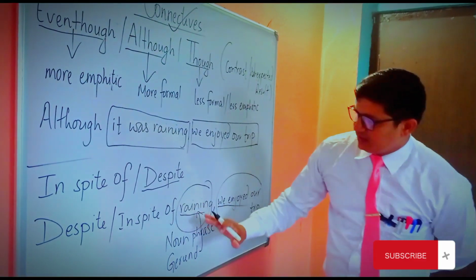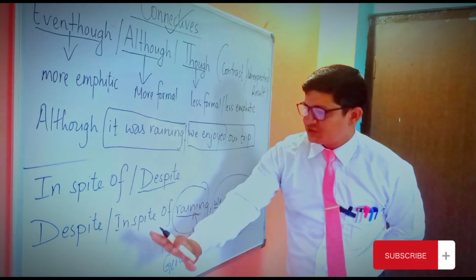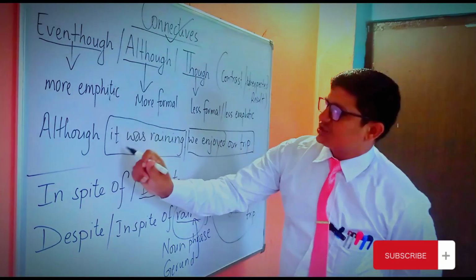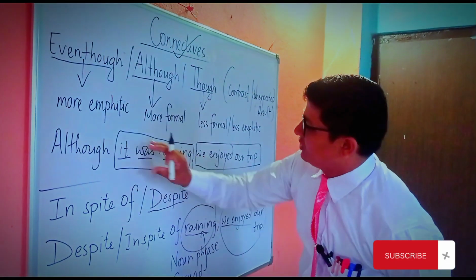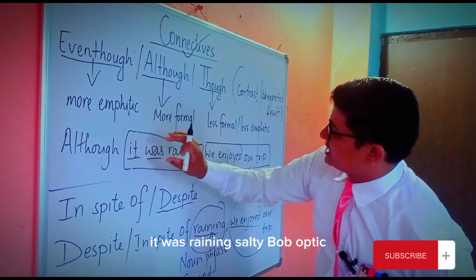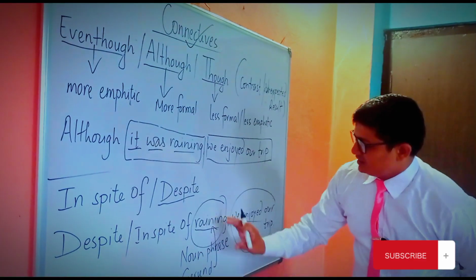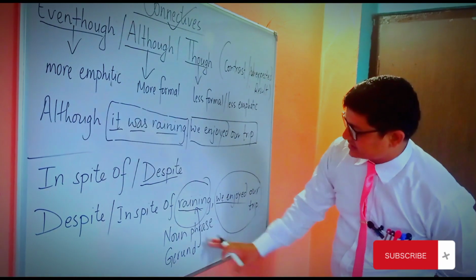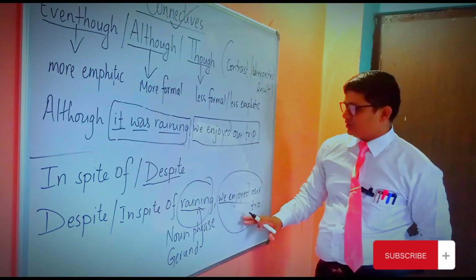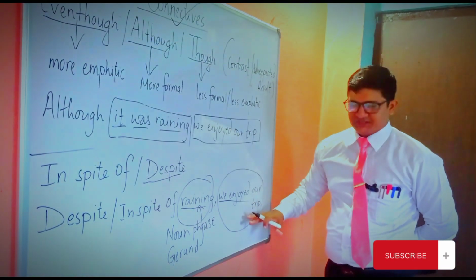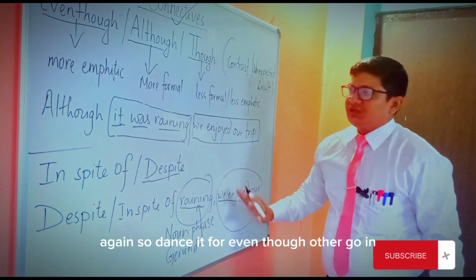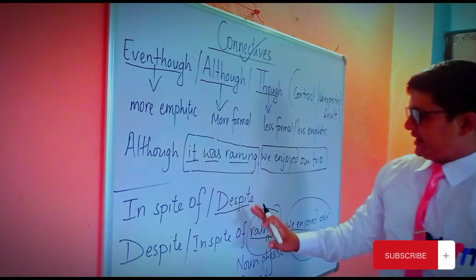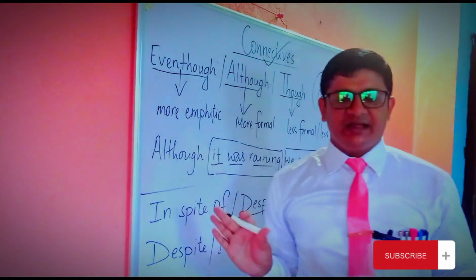That's why in this case we use despite or in spite of. For although there is a clause, it was raining, subject, verb. But here, direct raining is a gerund, or sometimes there is a noun phrase, and then we go to unexpected result. So that's it for even though, although, though, in spite of, and despite. I think you are clear about it.